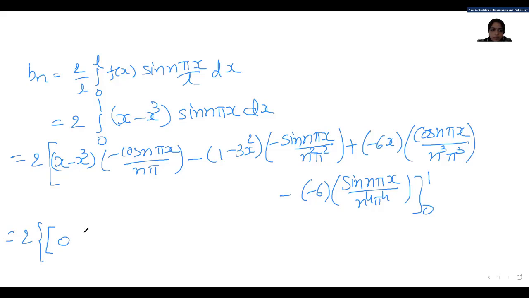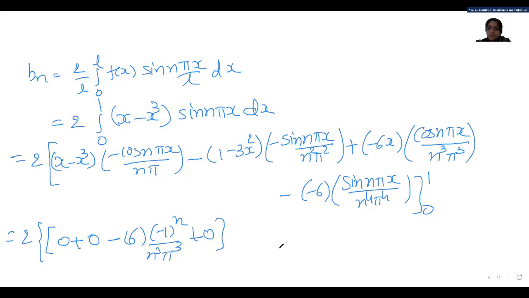Now minus plus. If I substitute 1 here, then sin n pi, and sin n pi is 0. For the third term, here minus 6 cos n pi is minus 1 raised to n upon n cube pi cube, right? And in the last term, sin n pi is again 0.